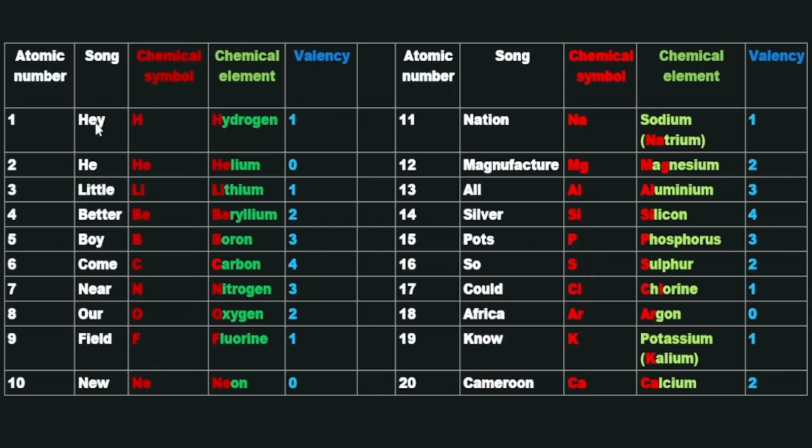So in here, we take H as a chemical symbol, He as a chemical symbol, little, Li, beta, Be, boy, B, come, C, near, N, O, field, F, new, Ne, nation, Na, manufacture, Mg, all, Al, silver, Si, pot, P, so, S, could, Cl, Africa, Ar, no, K, and Cameroon, Ca.